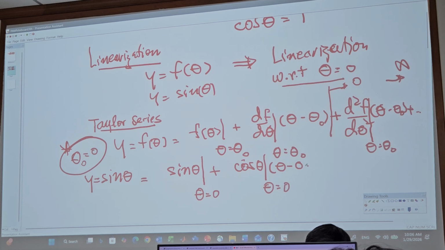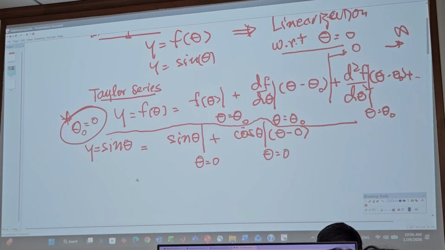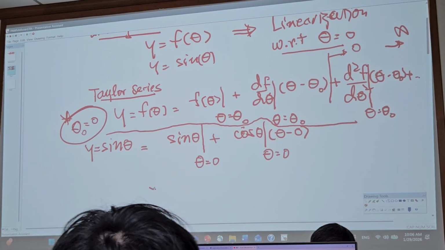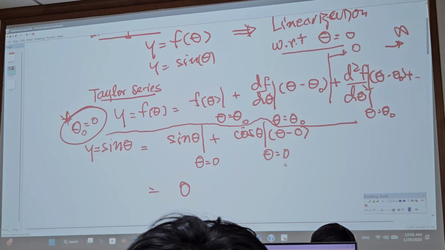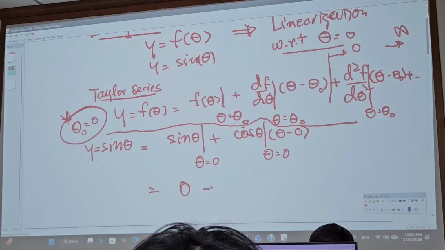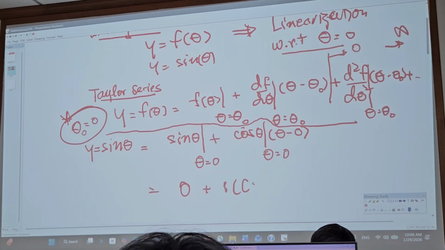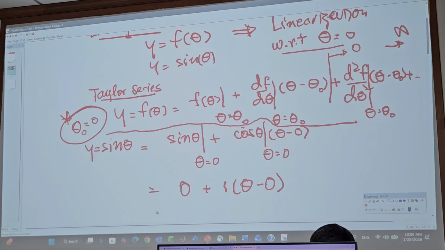So this one will be 0, this one will be 1, and this one will be theta minus 0. So this one will be equal to 0.